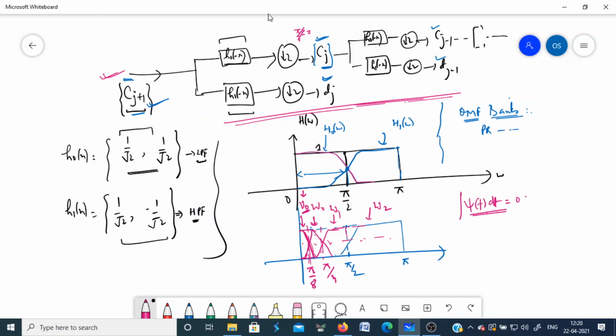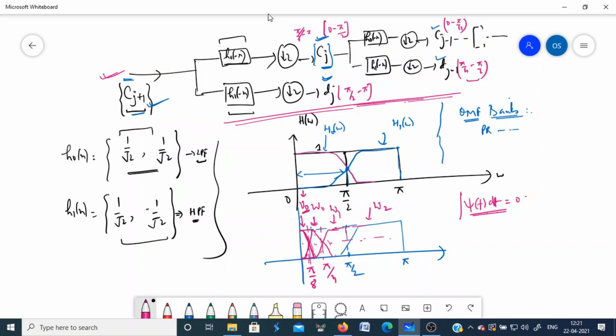Sorry, this is pi by 2 to pi, and this is 0 to pi. Then we need further decomposition of this 0 to pi by 2. Sorry, the 0 to pi by 2 is further decomposed into two parts. So it is 0 to pi by 4 and pi by 4 to pi by 2.